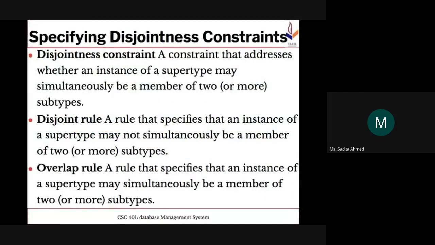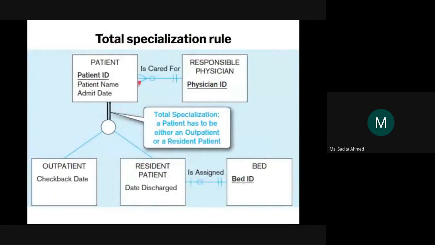The disjointness constraint. The disjointness constraint talks about whether an instance can belong to multiple subtypes at the same time. So, এই টপিকটা নিয়ে কথা বলি। So, a patient instance, in order to exist, based on the total specialization rule, a patient instance must either be an outpatient or a resident patient. ভালো কথা, fine.